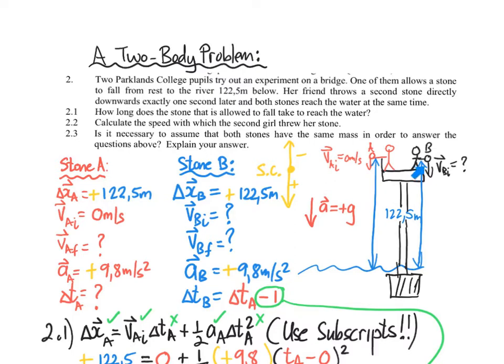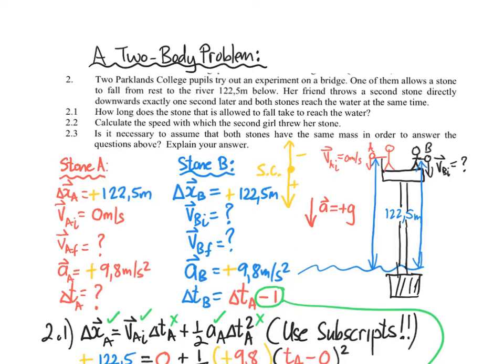It also travels directly downwards, but it's thrown 1 second later, and both stones reach the water at the same time. So there's a lot of information here, and therefore I suggest that one uses two data lists, and this is where data lists and subscripts become especially important.